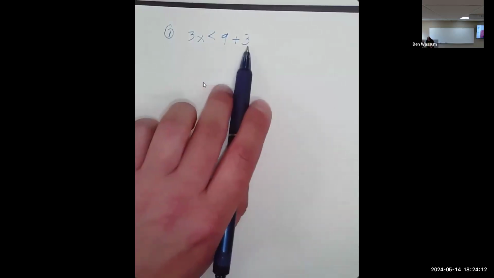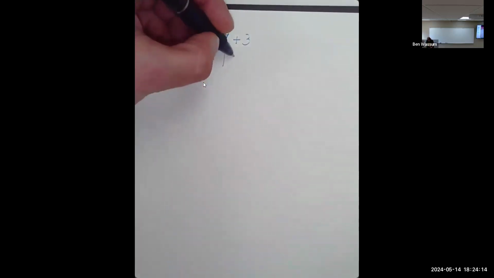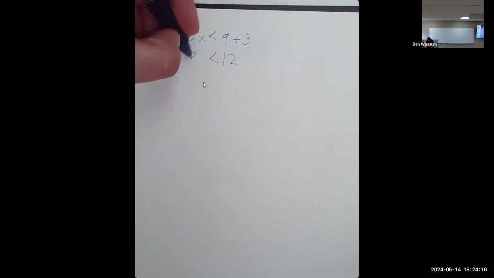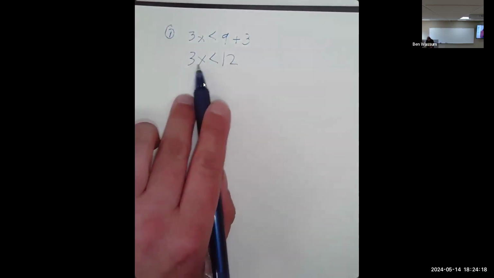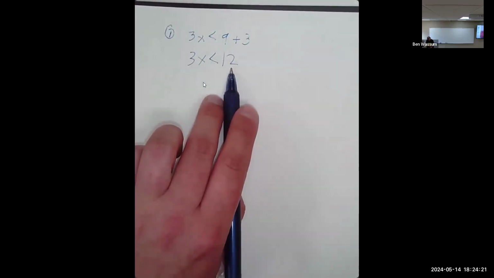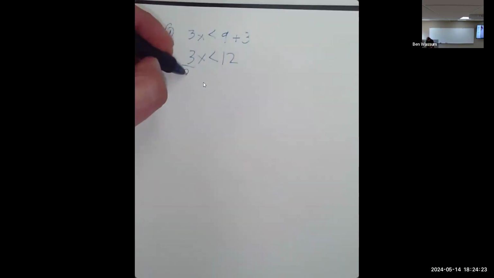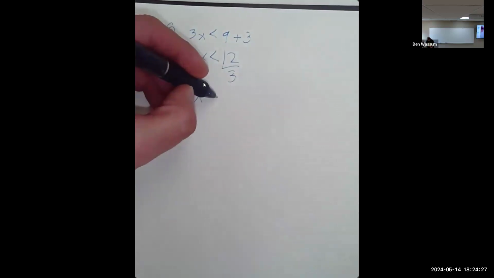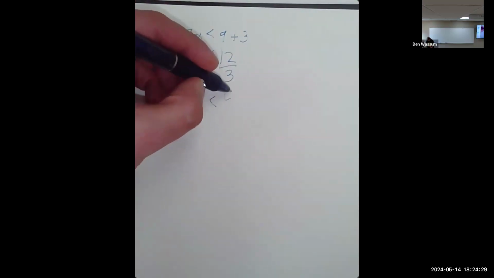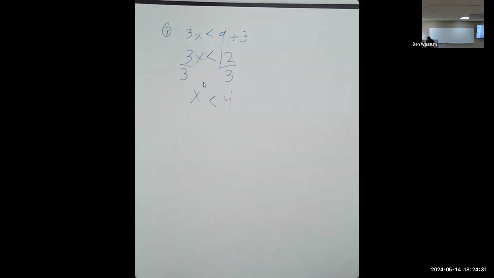I can immediately add the 9 and 3. We'll get a 12. We have 3x is less than 12. Divide both sides by 3. Get that x alone. We get x is less than 12 divided by 3 is 4. X is less than 4.